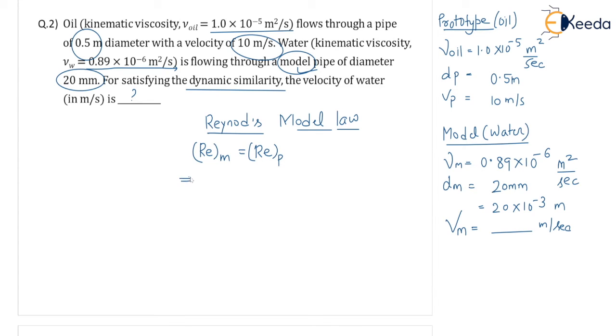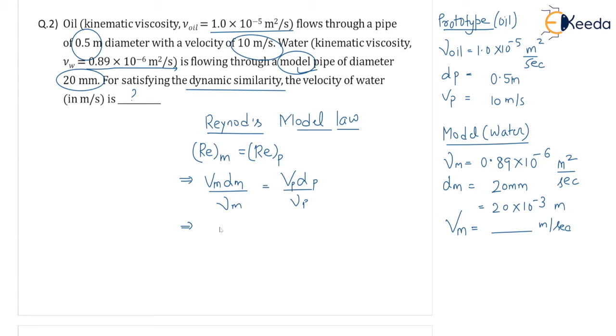Kinematic viscosity is given, so I'll write this formula: V d / nu for the model is equal to V d / nu for the prototype. Just substitute the values, you'll get the answer.